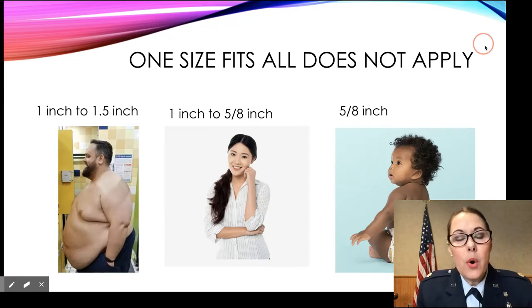So even though you might go intramuscular in all 3 of these, they're all 3 going to have different sizes, based on the anatomical site, based on their age, based on their height and weight.